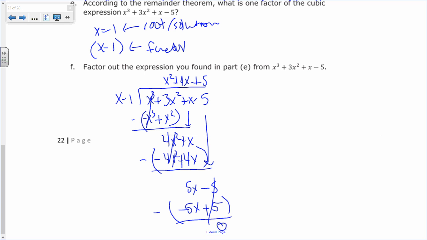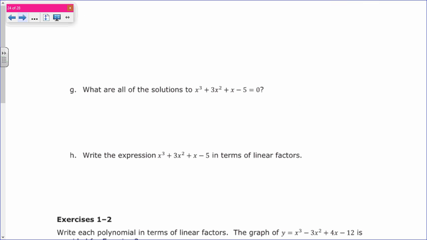So that means we have x minus 1 and x squared plus 4x plus 5 as my factors.